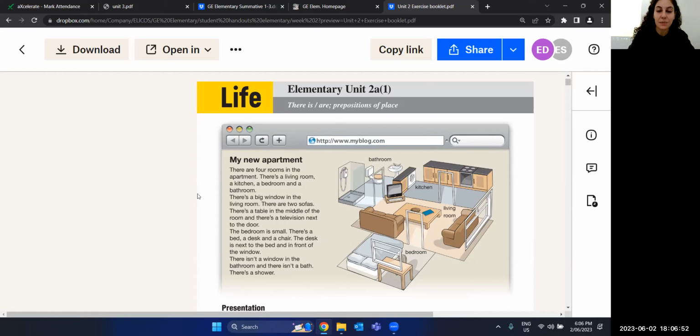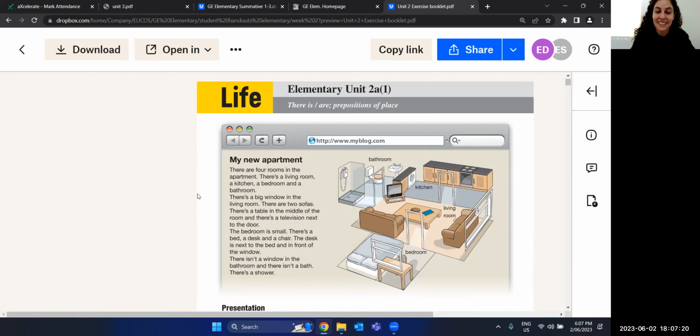There's a table in the middle of the room, and there's a television next to the door. The bedroom is small. There's a desk. There's a bed, thank you, yes, a desk and a chair.